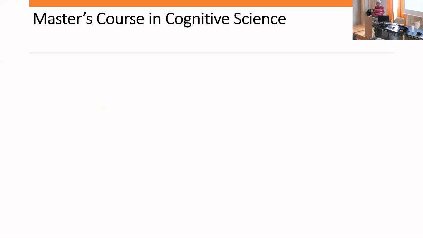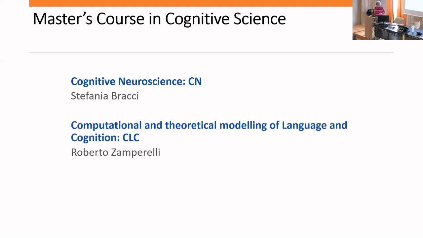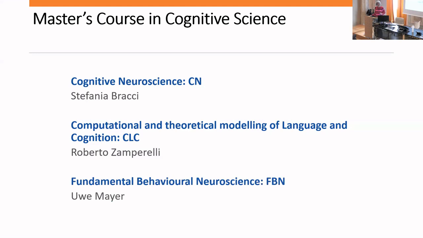Okay. So the master course in cognitive science. As I mentioned, we have three tracks: cognitive neuroscience, which I will introduce briefly, the computational theoretical modeling of language and cognition, the CLC track, and the fundamental behavioral neuroscience, the FBN track.